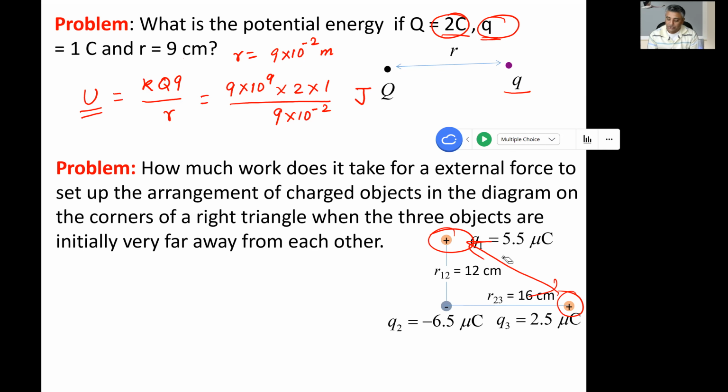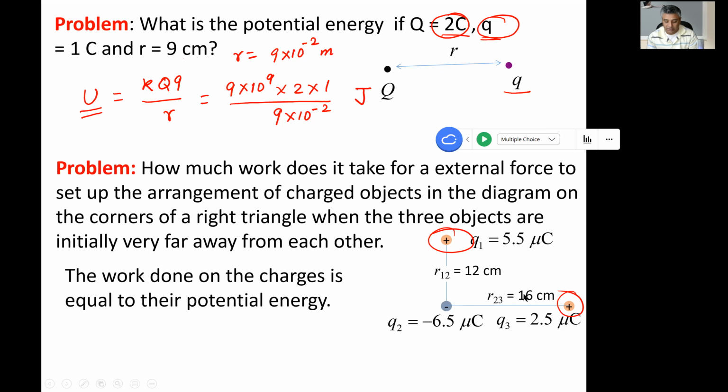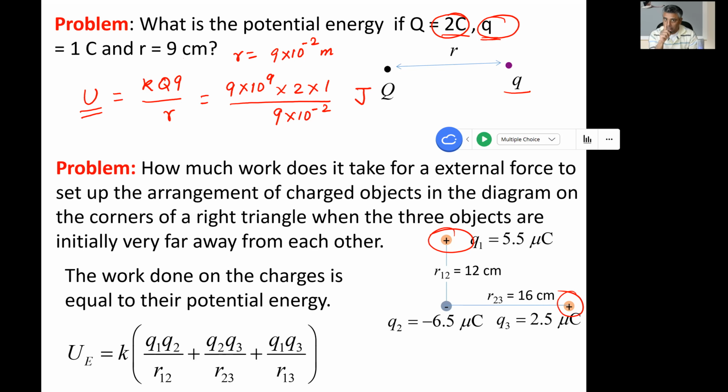So in this case, we don't need to draw arrows. That's good news. Rather, what we do is we write the potential energy. See how we had K times charge. So for each of the pairs, there's going to be K, so I'm factoring K out.